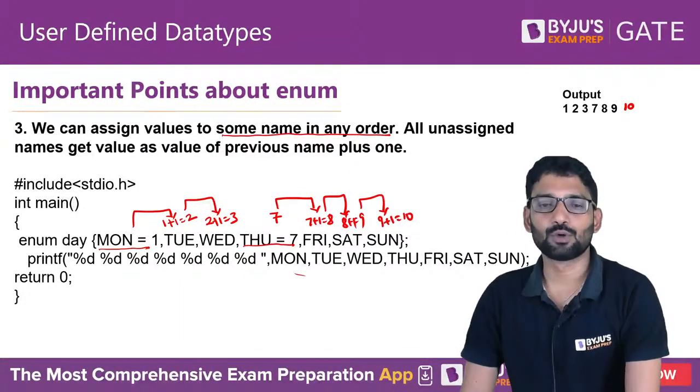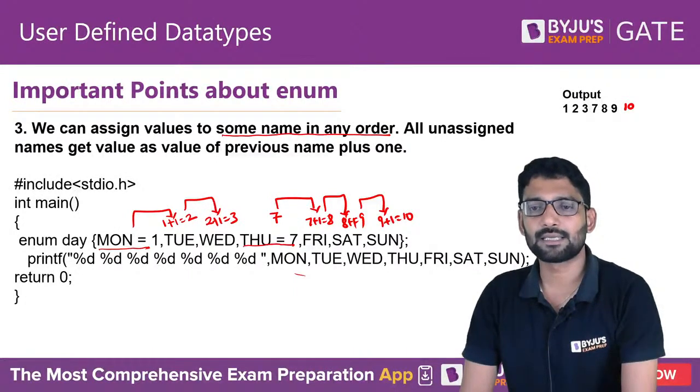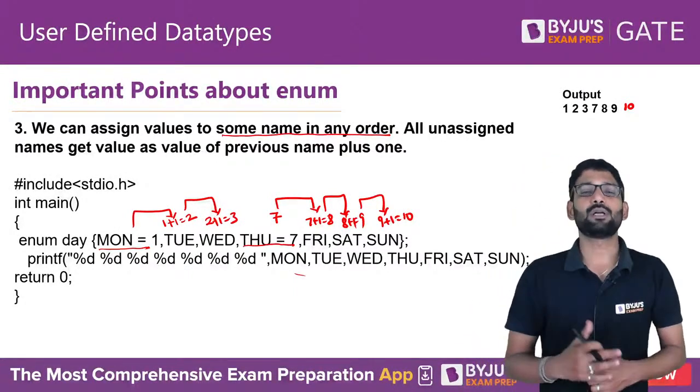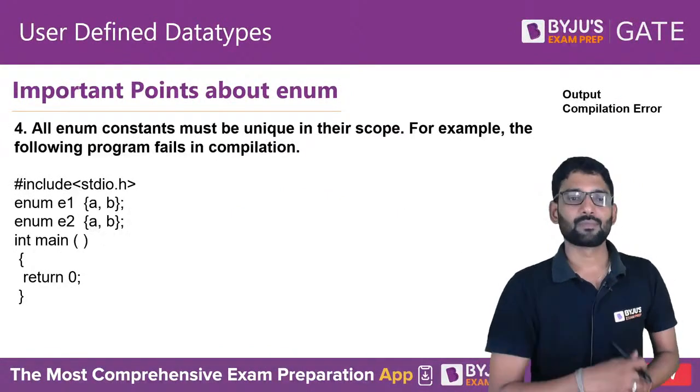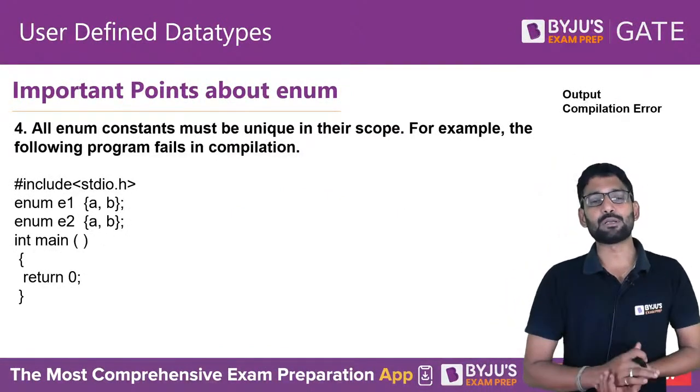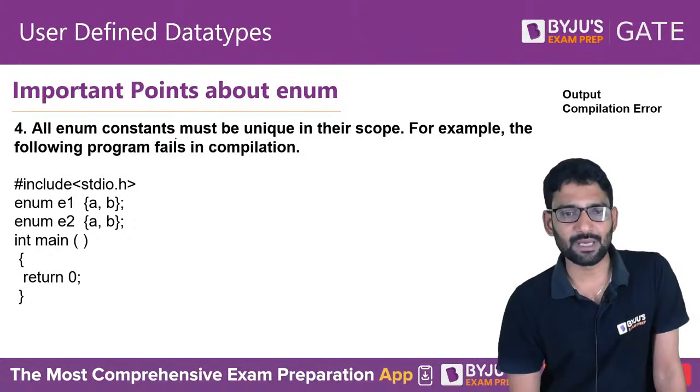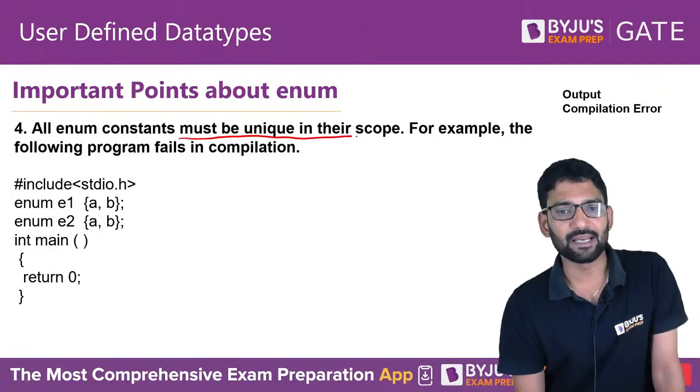Great. So let us see the fourth important point about enum. All enum constants must be unique in their scope.